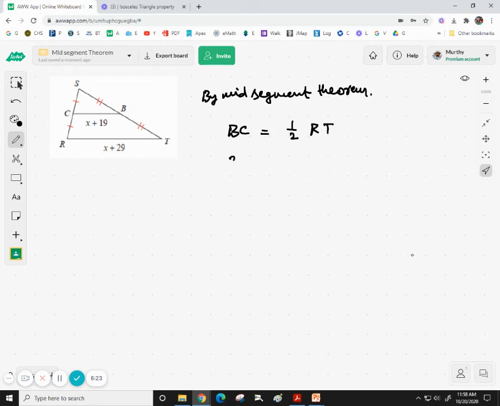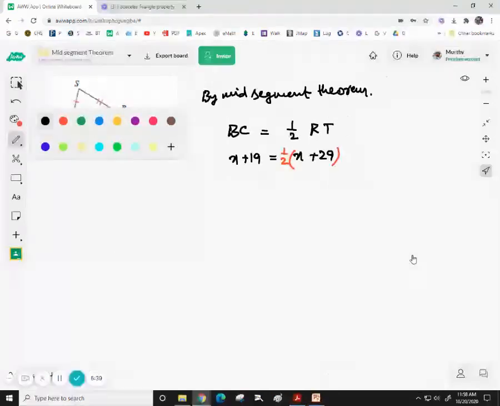Therefore, BC is given as, just copy the values, x plus 29. Oops, I'm sorry. Here I made a small mistake. That is half of RT. Right?